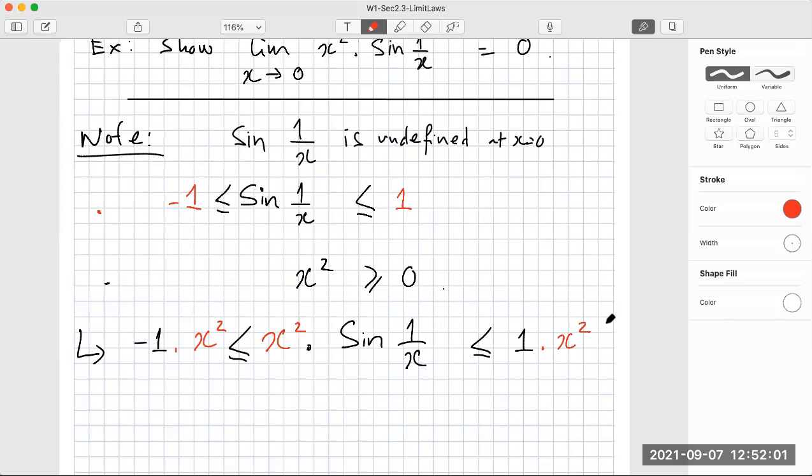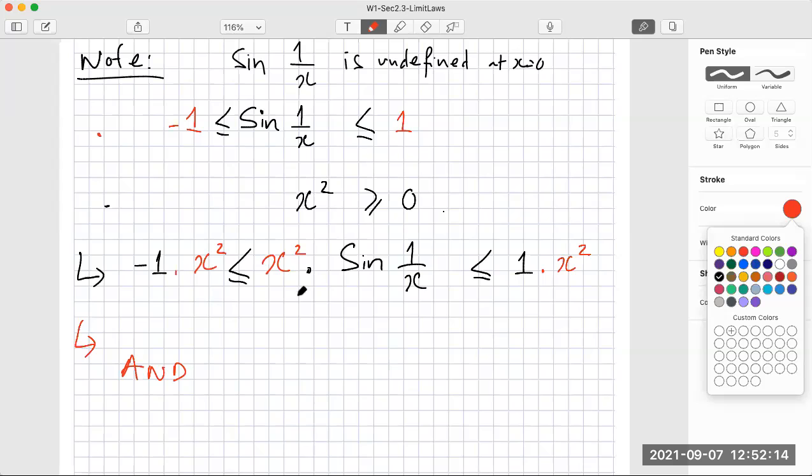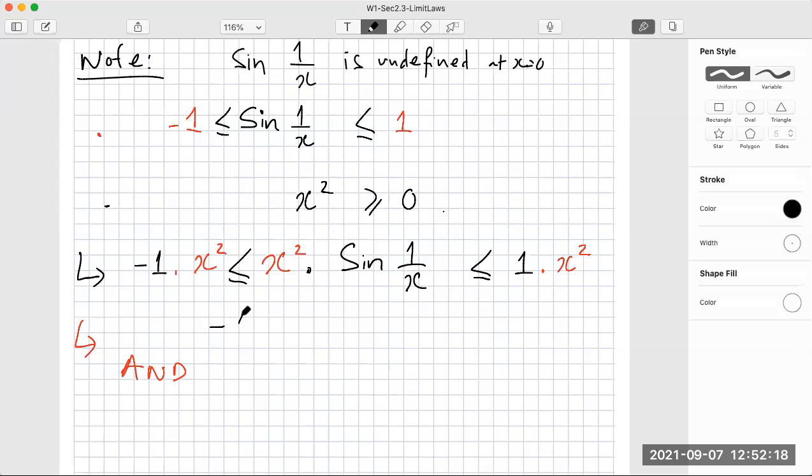Okay. Don't be confused. Okay, let us break it down. I'm sorry. So the two-sided inequality here, we can break it this way. The first inequality will be -1 times x squared smaller than x squared times sine of 1 over x.